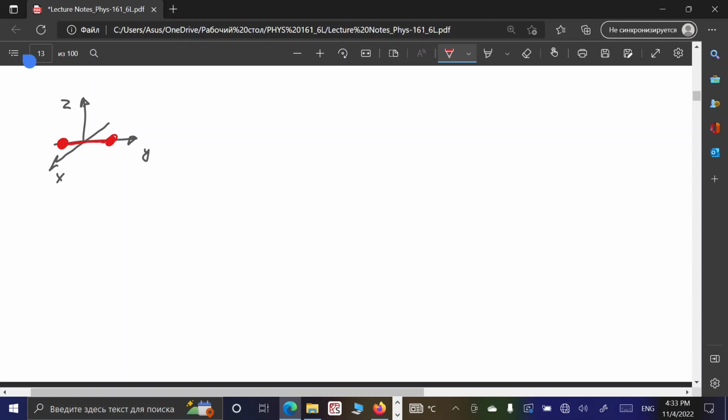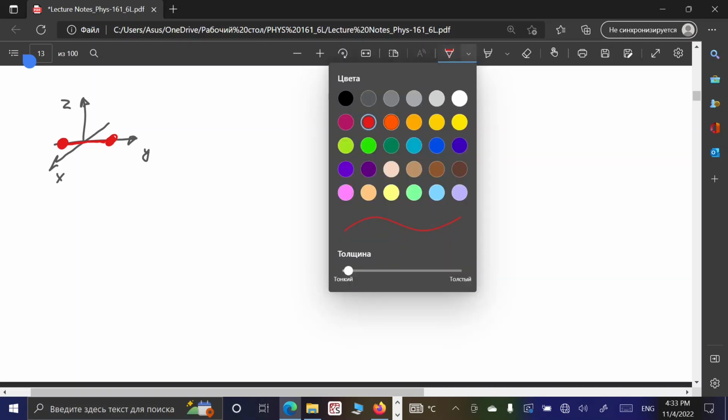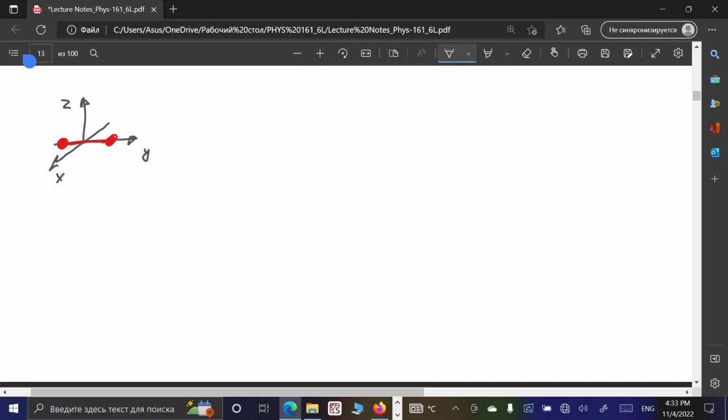So it can move along all these axes. So it can perform translational motion. That will correspond to this original three degrees of freedom, which we had for single atomic ideal gas case.